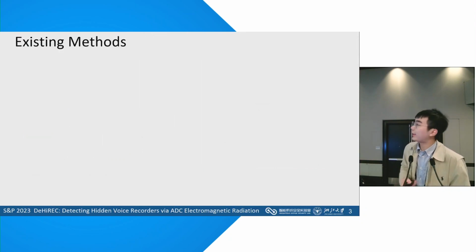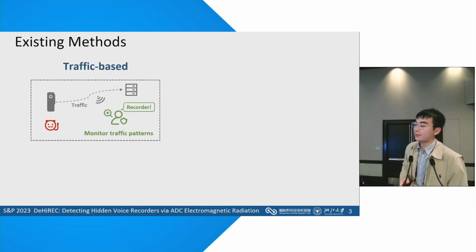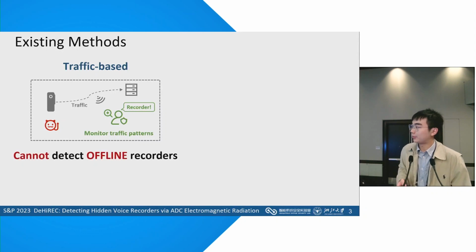The existing available methods can be mainly divided into two categories. One is traffic-based detection, which detects online recorders by identifying wireless traffic patterns, but it cannot detect offline recorders, which save the audio files locally.